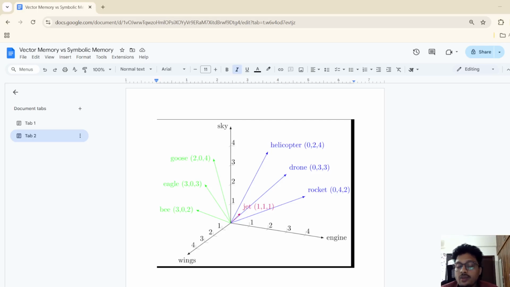Together they create powerful AI. So in conclusion, we can say symbolic memory uses logic, vector memory uses context. I hope you understood. I just tried to make you understand the difference between vector memory and symbolic memory.